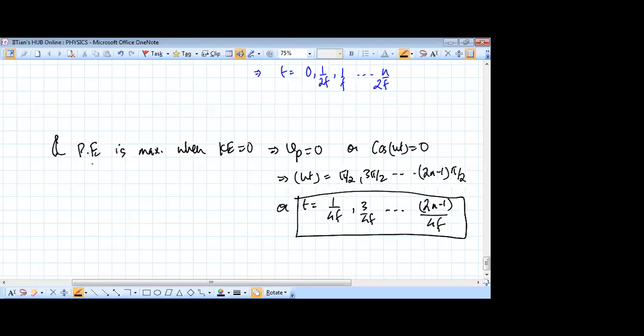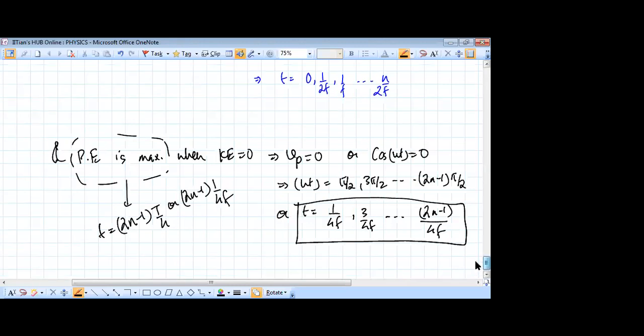So the general formula for when potential energy is maximum is odd multiple of T by 4 or odd multiple of 1 upon 4f.